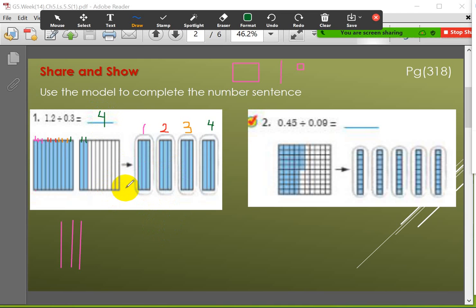Okay, girls? This is how I divide a decimal by a decimal by using base 10 blocks. Of course, when I want to divide a decimal by a decimal in any exercise, I will not always use the base 10 blocks. This is not the strategy.